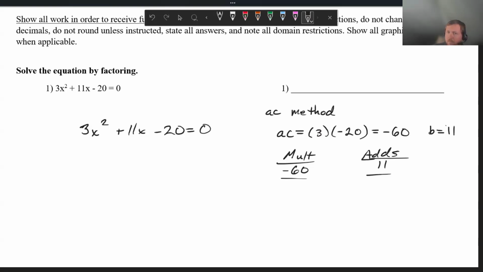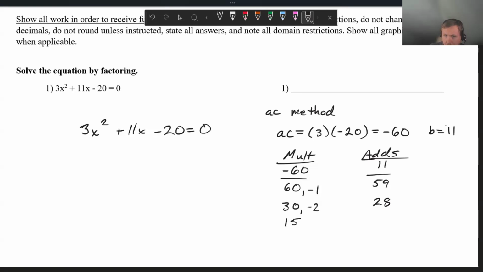And if you're not even sure where to get started, you can always just start with 60 times 1. So 60 times negative 1 in this case, since they should have opposite signs. And then that gives me 59. And then 30 times negative 2 gives me 28.